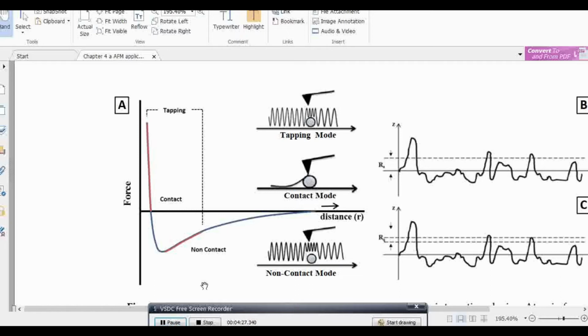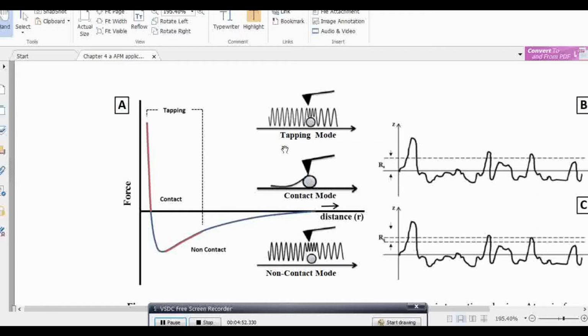As I mentioned, in the AFM system there are three modes that can be found, which are the tapping mode, contact mode, and also non-contact mode. So what are the differences between these modes? I'll explain that.